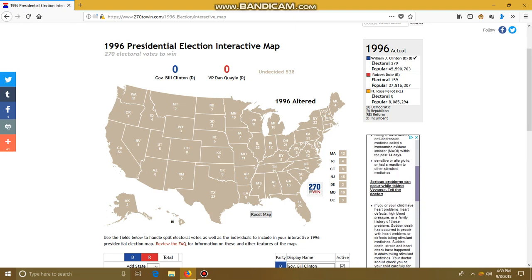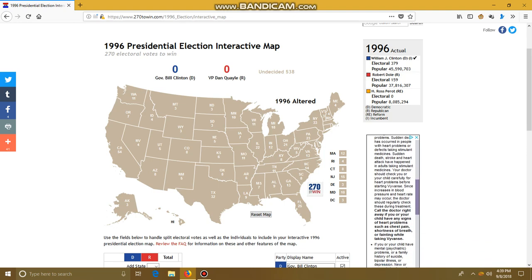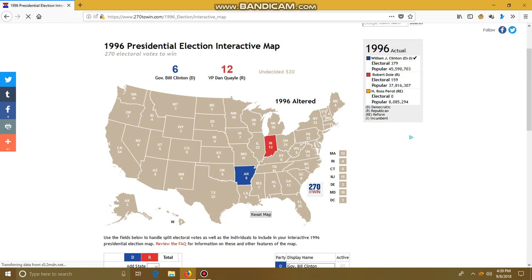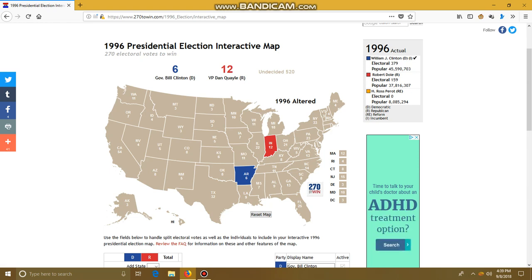So let's start with the map. This is going to be an interesting election because Dan Quayle, first off the bat, we're going to give Arkansas to Bill Clinton and Indiana to Dan Quayle. Dan Quayle will carry his home state of Indiana, which I think would obviously be logical. So let's start from the west, and we'll work our way around.